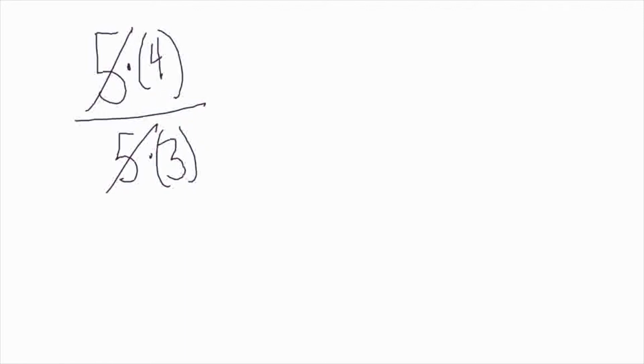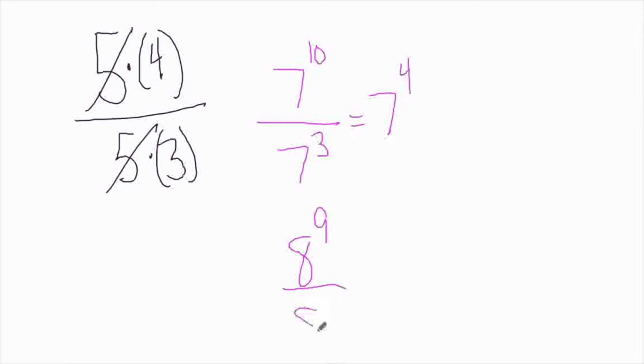So we want to now ask ourselves, if I have like 7 to the 10 divided by 7 to the 3, why does that reduce to 7 to the 7? If I have 8 to the 9 divided by 8 to the 2, why does that reduce to 8 to the 7?